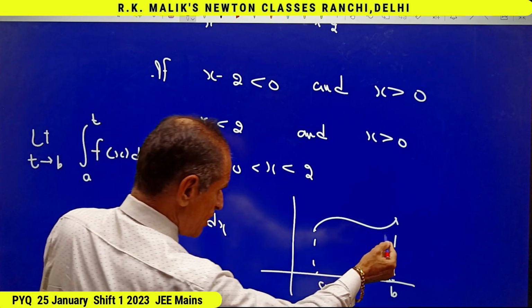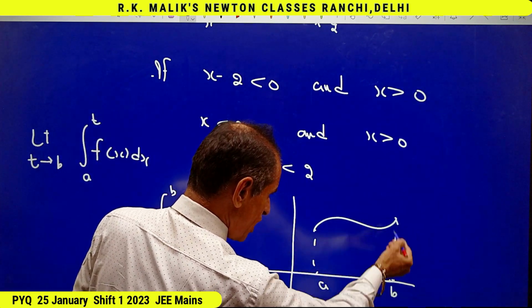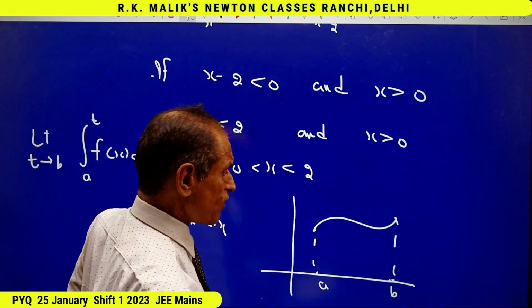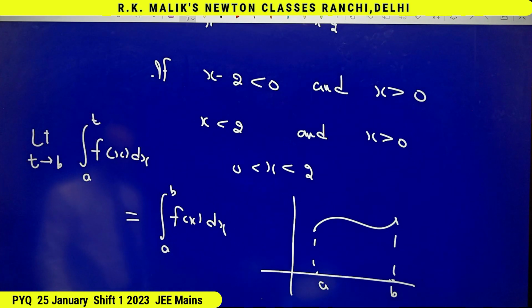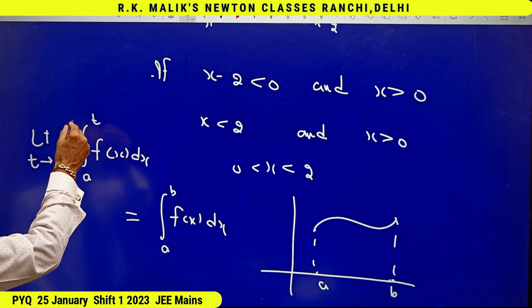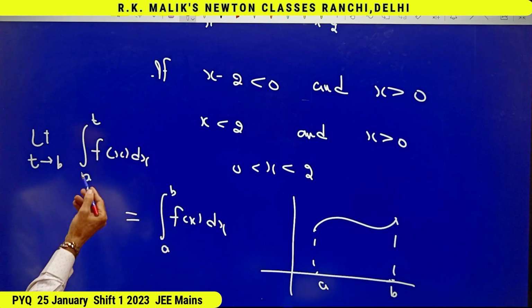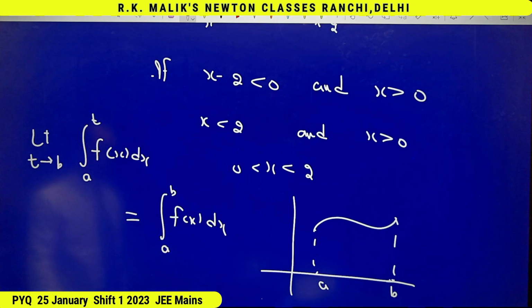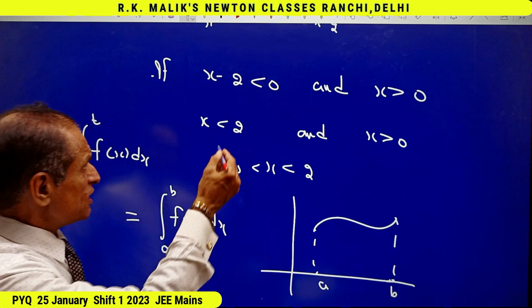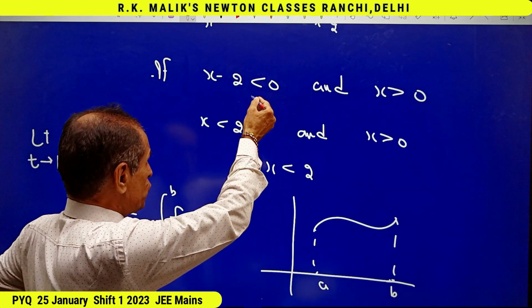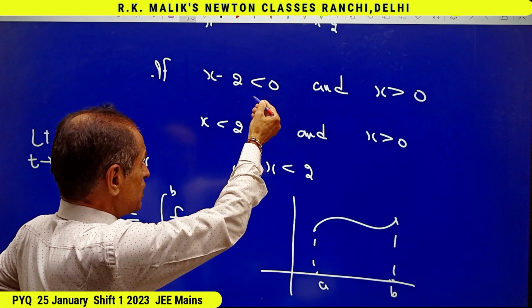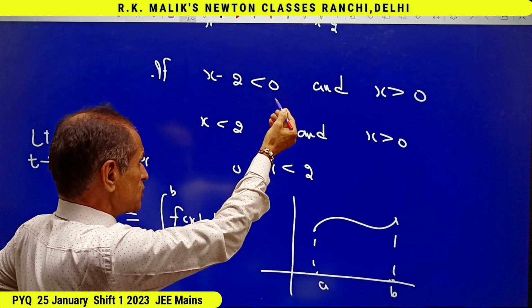That is the area of this line, and the area of a line is always 0. Therefore, the integral from a to t of f(x) dx and the integral from a to b of f(x) dx both are same if t tends to b. Hence, even if I take equal to 0, then also it is correct. If I don't take equal to 0, then also it is correct.